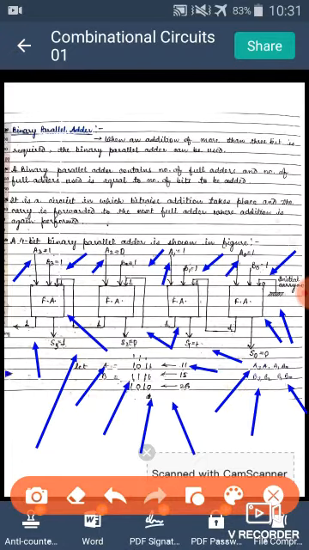You can see here, this is the 1, it will also be taken in, then S3 equal to 1, S2 equal to 1, S1 equal to 1 and S0 is equal to 0, which in decimal form is equivalent to the number 26.